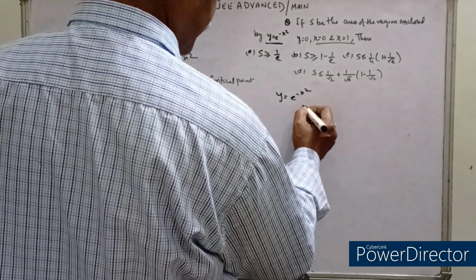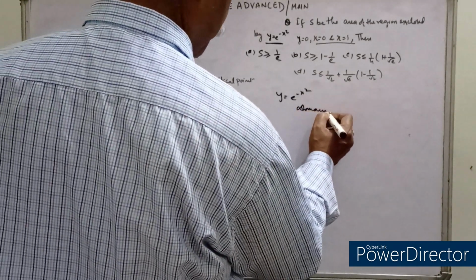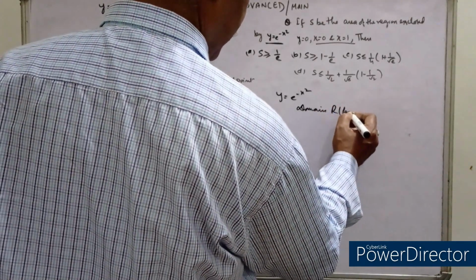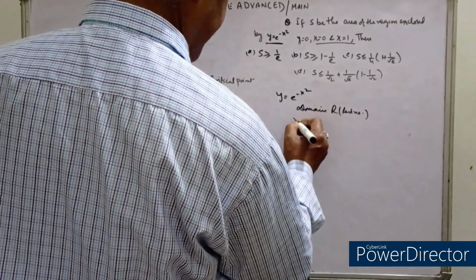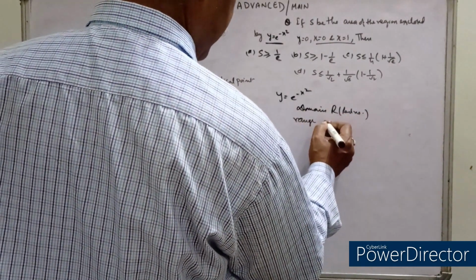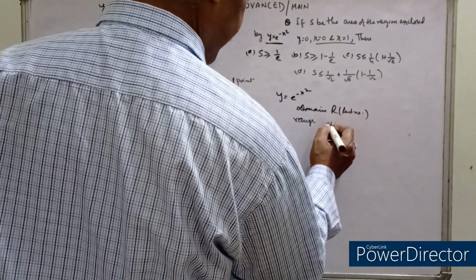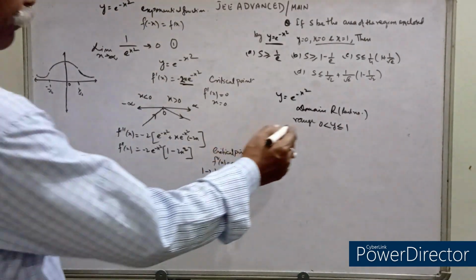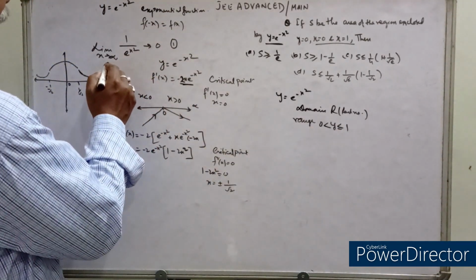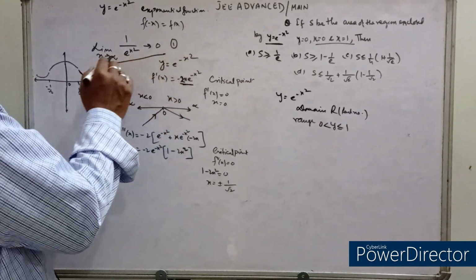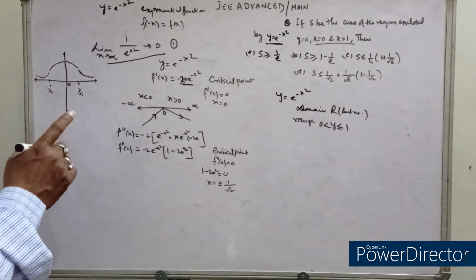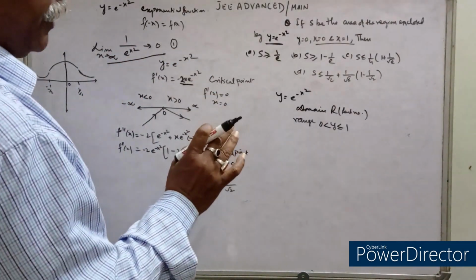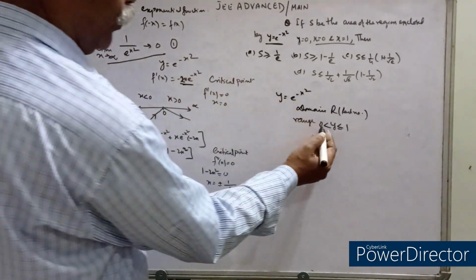For this function your domain is any real number, but your range is y greater than 0 but less than or equal to 1, because, as I have already told you, it tends to 0 when x tends to infinity, so you are not going to get an x intercept, but it will tend to 0.